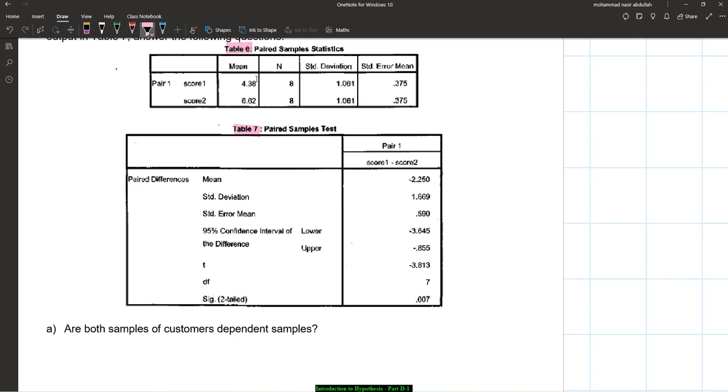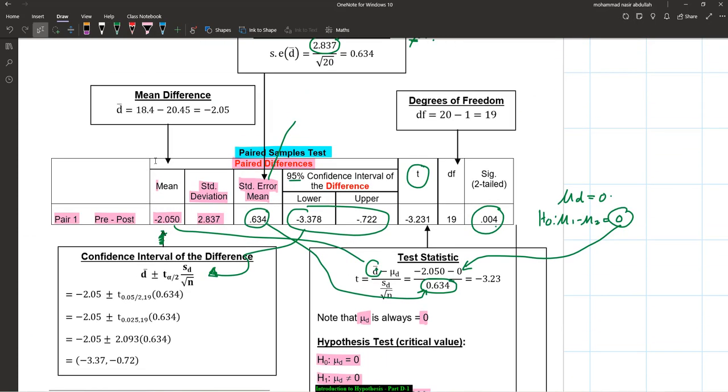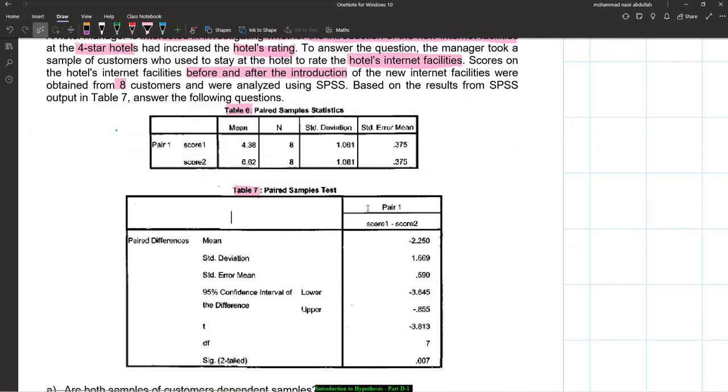Table number 7 is given as paired sample test. So basically the results are the same, right? But the orientation of the result presented is different. In this example, we can see the orientation is in wide format. This is in long format. So basically the results are the same.